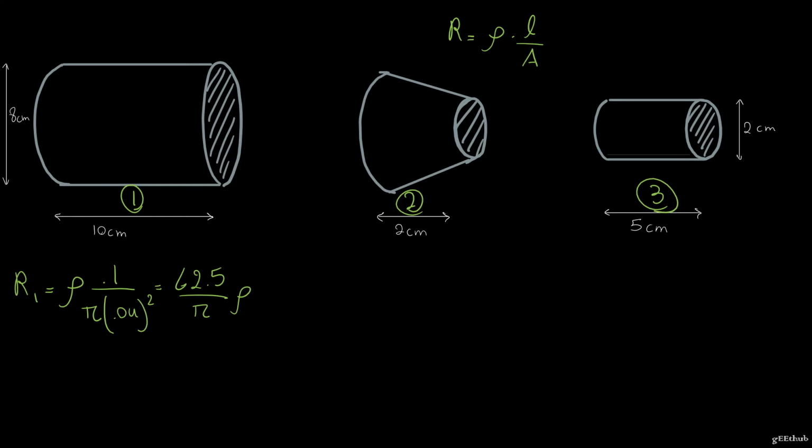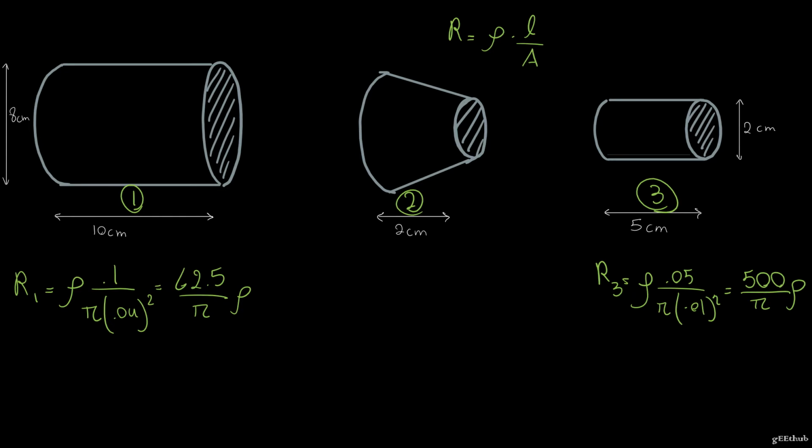And my R3 is rho times 0.05, which is my length, divided by pi times R squared, where R is 1 centimeter, which is going to give me 500 over pi rho. The large difference between object number 3's resistance and 1's resistance is because of the area difference.